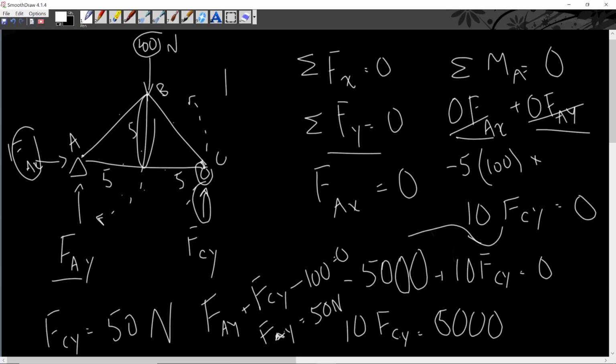You will have some FAX that is not equal to 0. You'll have something acting on this truss from different directions, different places, and forces will be unequal. But we are working with statically determinate trusses in this ideal truss setting. So we're already very limited as to what is possible.